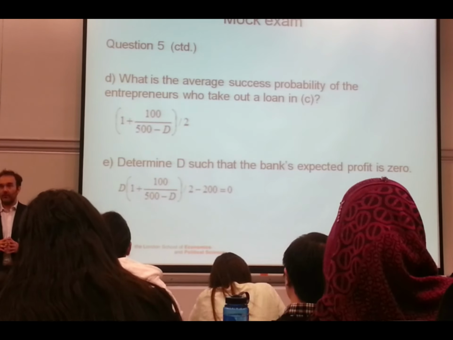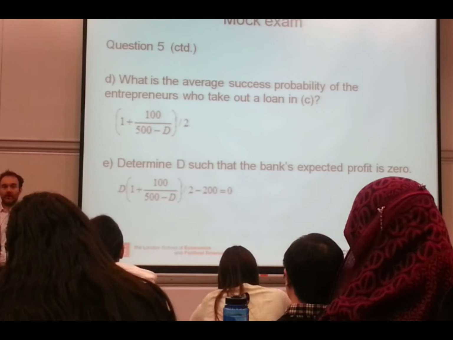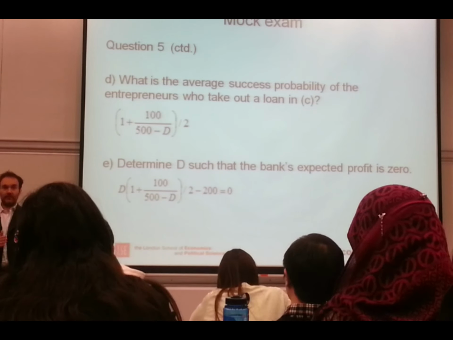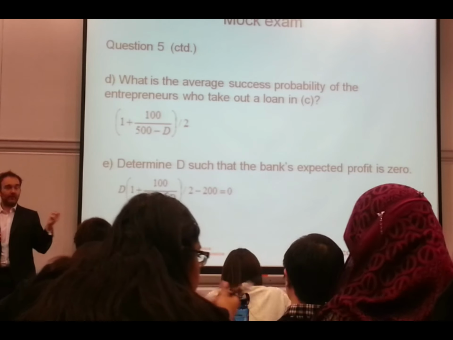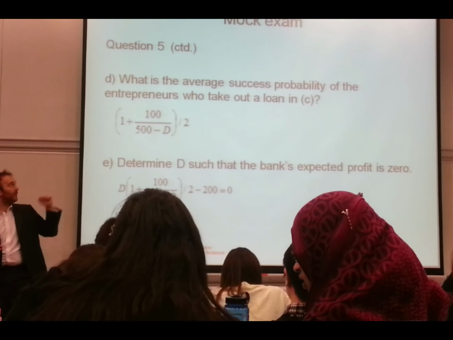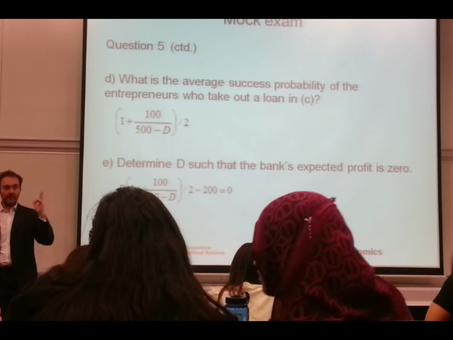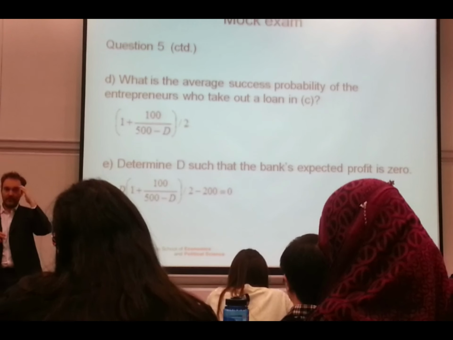Okay, so if I ask you for the average of a distribution between 0 and 1, you know it's 0.5. If I ask the average of a distribution between 0.5 and 1, it's going to be 0.75. If I ask for the average between 100 divided by 500 minus D and 1, it's going to be the midpoint between the two, which is minimum plus maximum divided by 2.